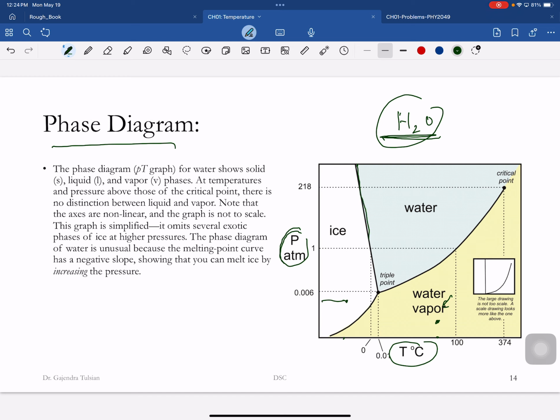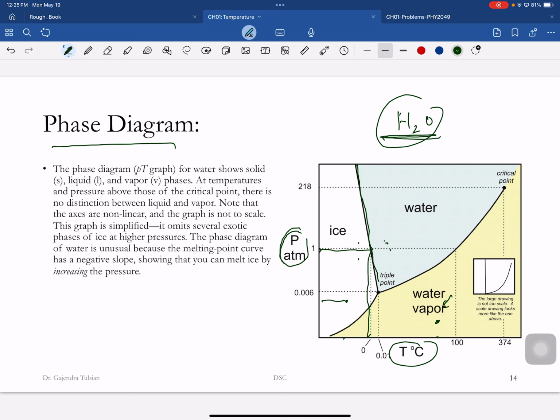On this line, it's saying solid and liquid can coexist. So at 1 atmosphere and 0 degrees Celsius, ice and water can coexist. So you go to a restaurant next time, you see a glass of ice water, you don't need a thermometer. You know its temperature. What is its temperature? 0 degrees Celsius. Yep.